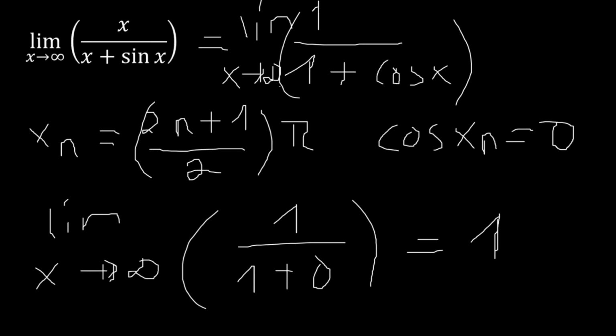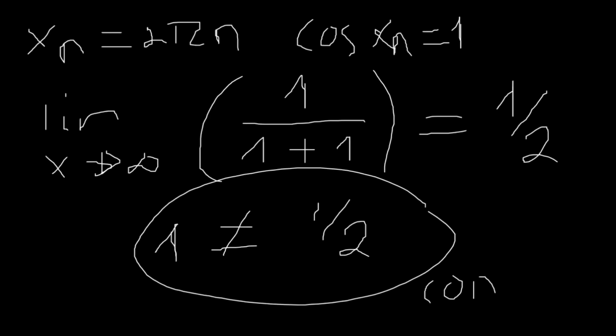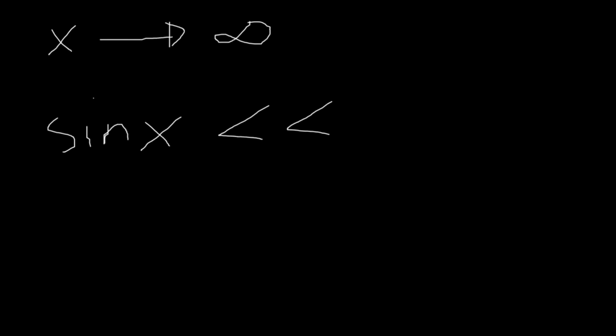Okay, a very smart person will just look at this limit and notice something happening. Look at this denominator: x plus sine x. You know that as x tends to infinity, sine x is strictly less than x.